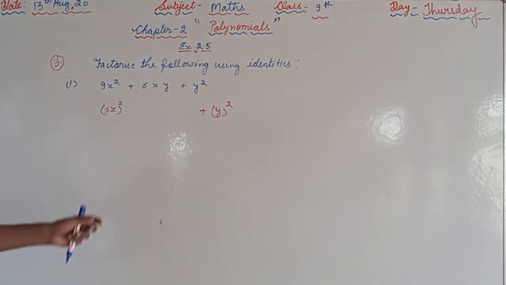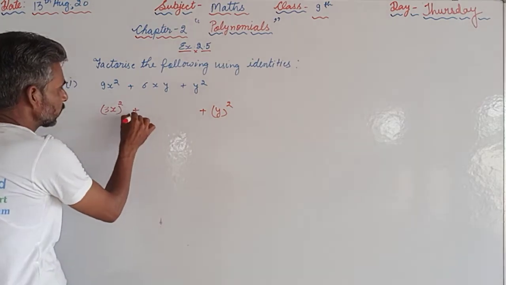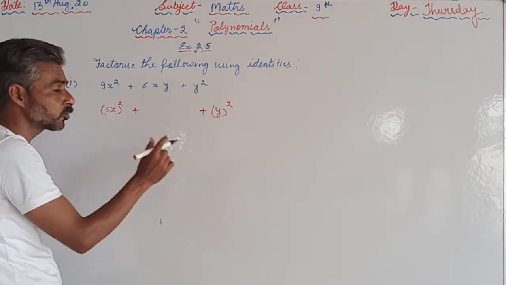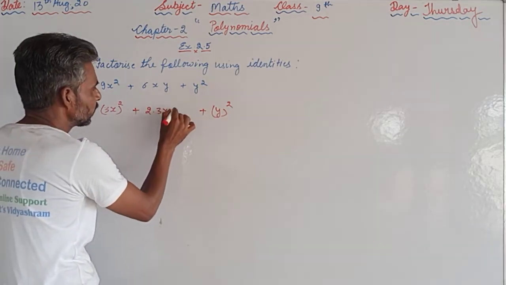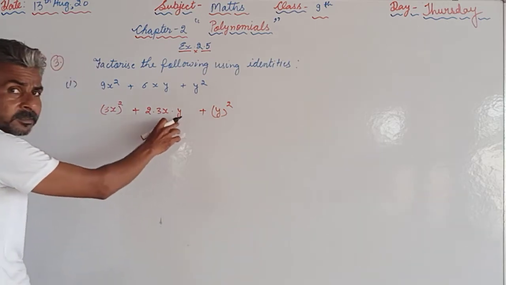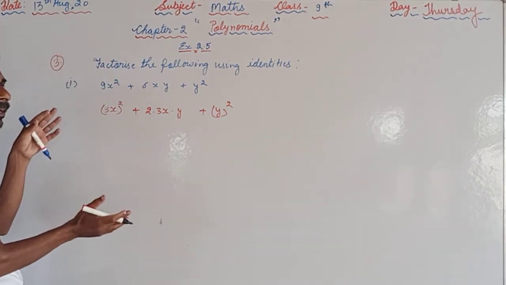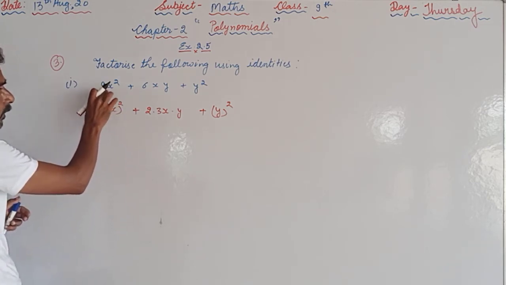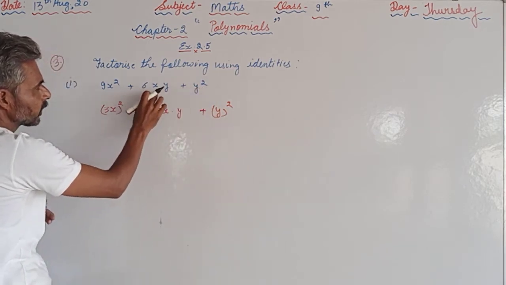So after observing that, we will try to write this in the form of 2ab, because we know the formula a square plus b square plus 2ab. 2 into a is the first term and b is the second term. Here it is y. So now we will see whether it is the same thing or any difference is there. 3x whole square means 9x square, y whole square means y square, 2 times 3 is 6xy.